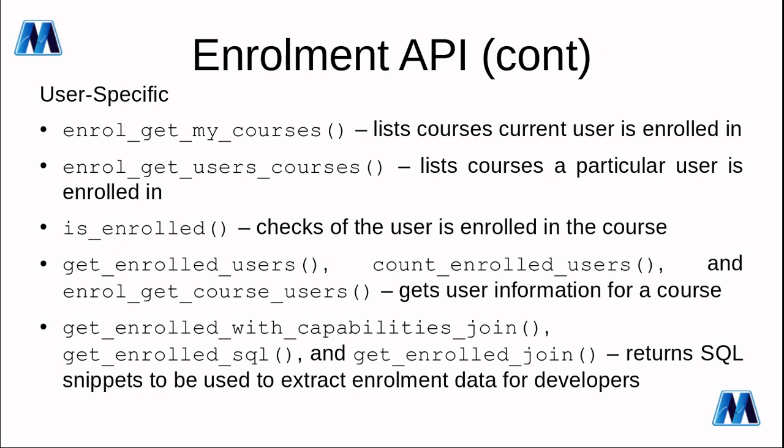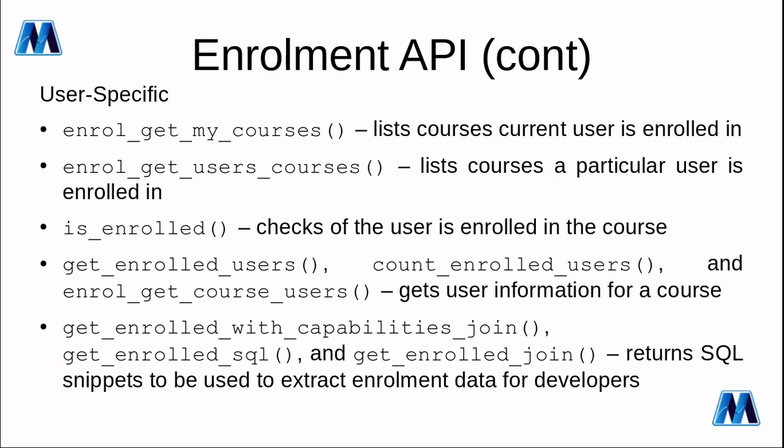The enroll_get_users_courses lists courses a particular user is enrolled in. is_enrolled checks if the user is enrolled, and then you have things like get_enrolled_users, count_enrolled_users, enroll_get_course_users, and then you have some SQL snippets to help when you are trying to work with enrollments, things like get_enrolled_with_capabilities_join, etc., etc. So that's it in a kind of nutshell.